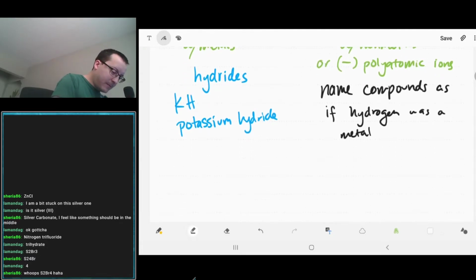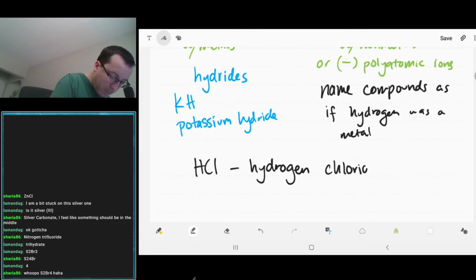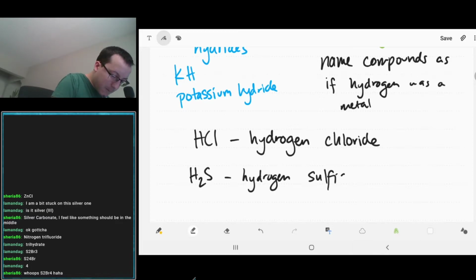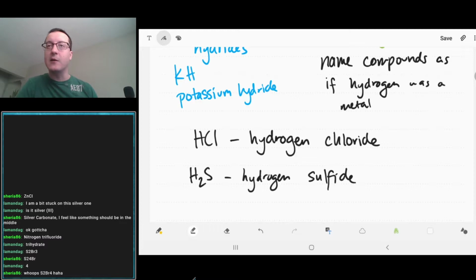For example, we would name this guy hydrogen chloride. Or this we would name hydrogen sulfide. So as if it were just like sodium.